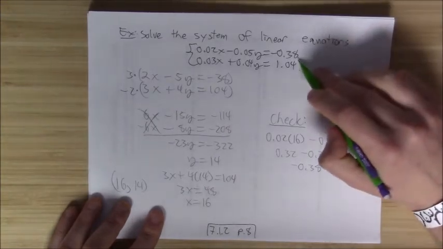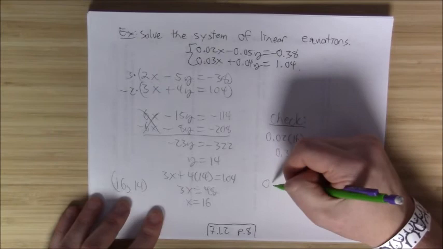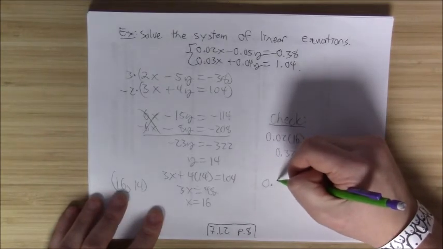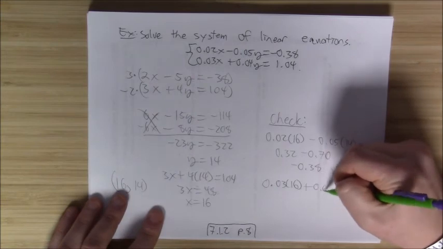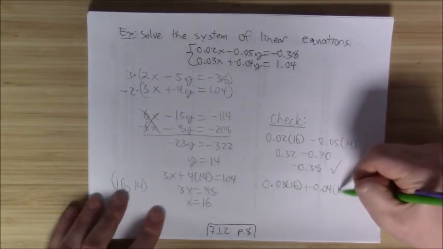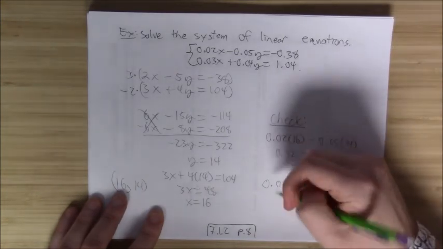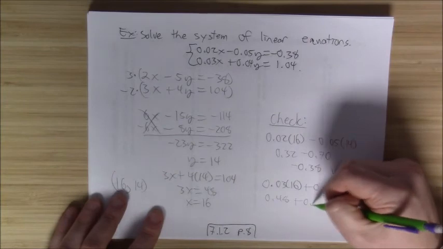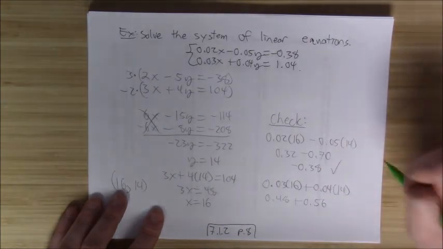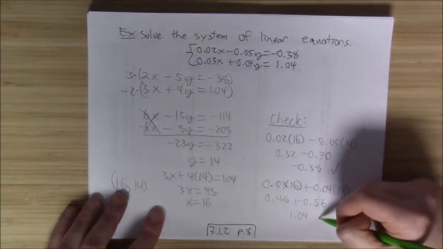So that verifies the first equation works. Let's check that the second one works. 0.03 times 16 plus 0.04 times 14. Doing the multiplications out, I get 0.48 plus 0.56, which does in fact equal 1.04.